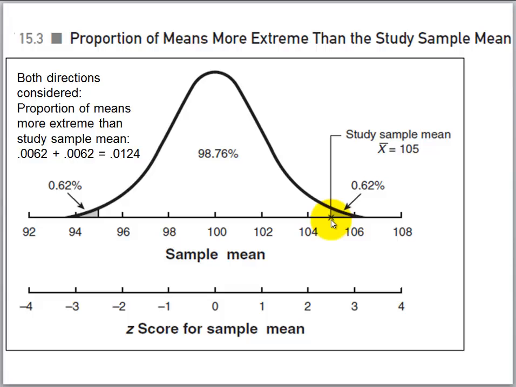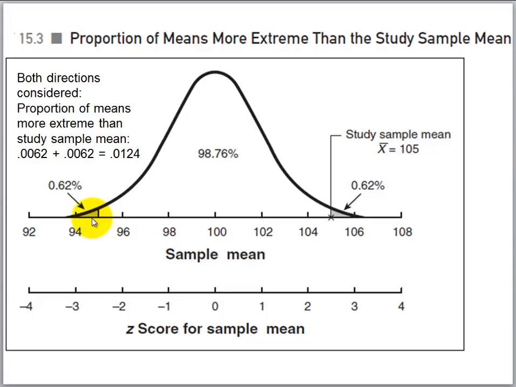So our study sample mean is 2.5 standard deviations above the mean. Now, when we think about the probability of a particular result with the non-directional pair, we consider both directions. So we could also come to a score of 95 that's equally extreme in the opposite direction.